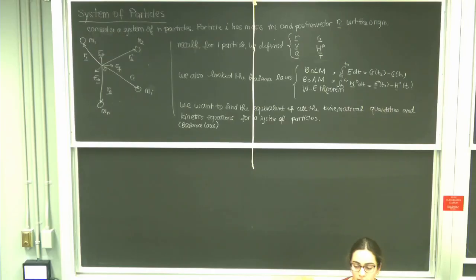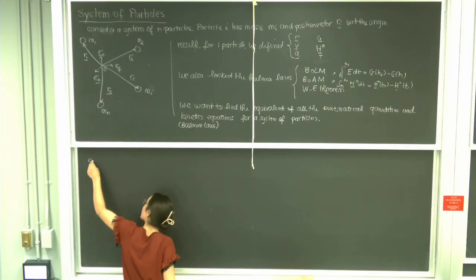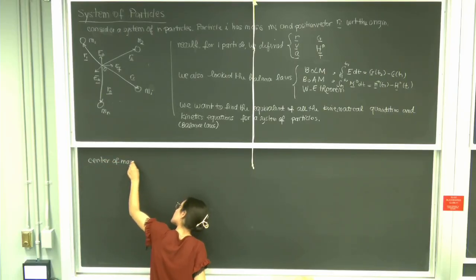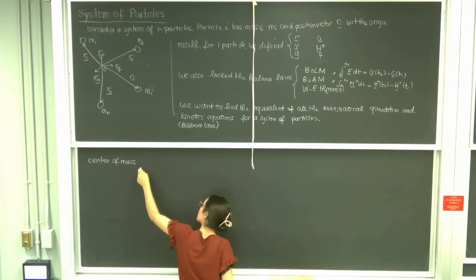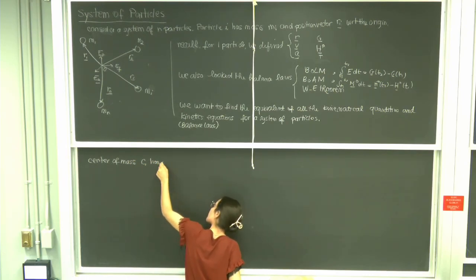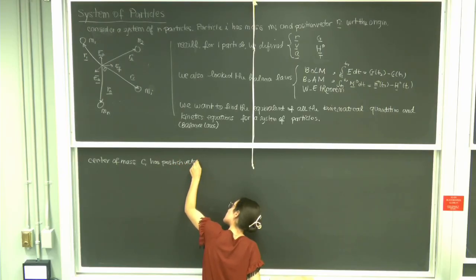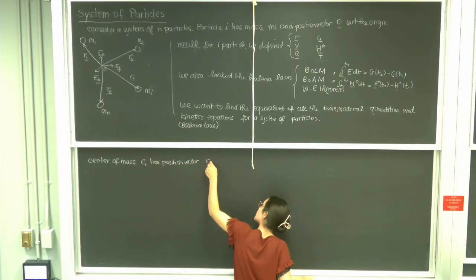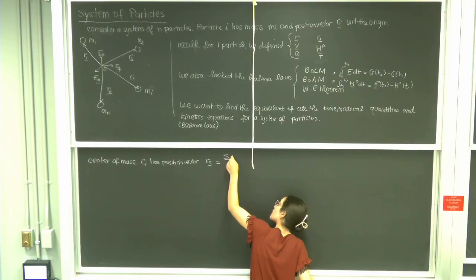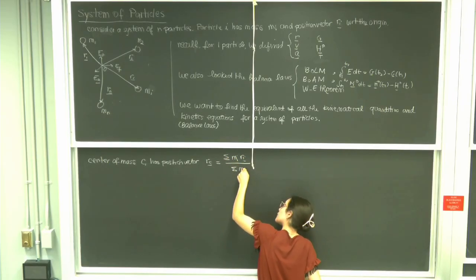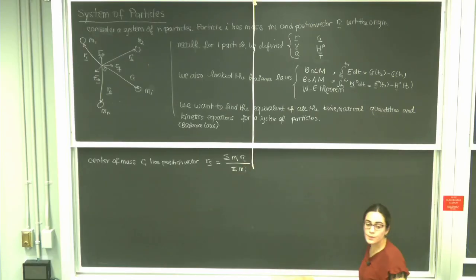Questions? Okay, cool. We're going to start by defining the center of mass of a system of particles. The center of mass C has position vector RC equal to the sum of mi Ri over the sum of mi, where the sum is from i equals 1 to n.